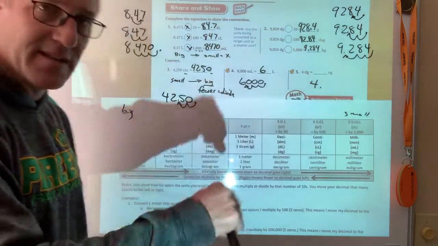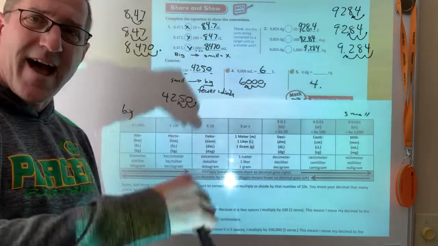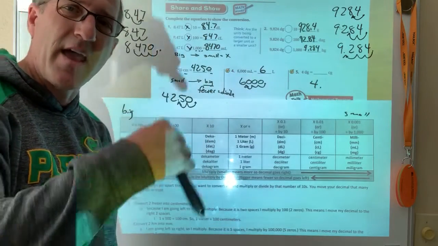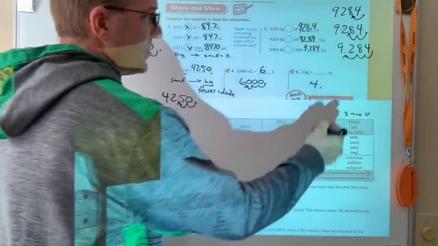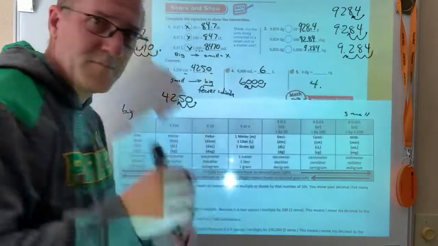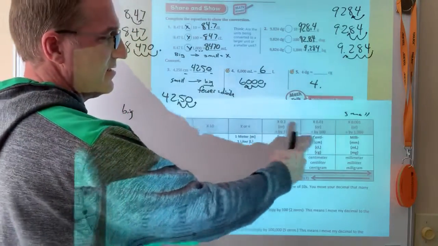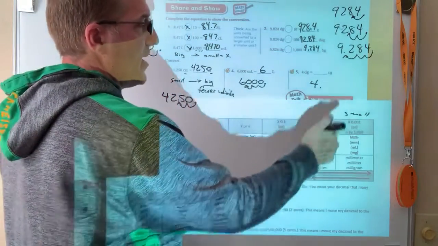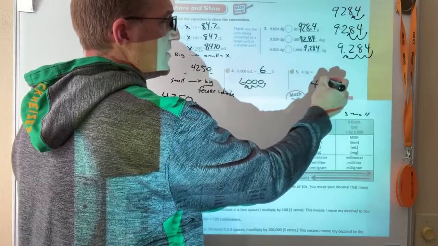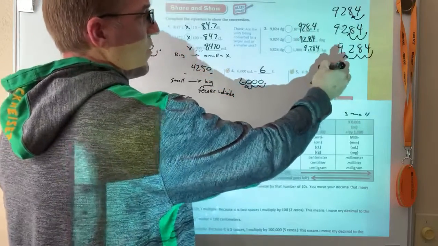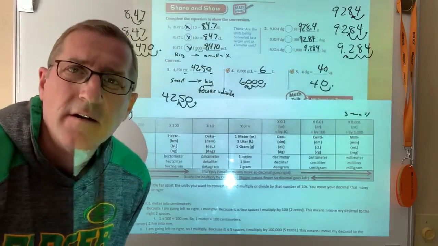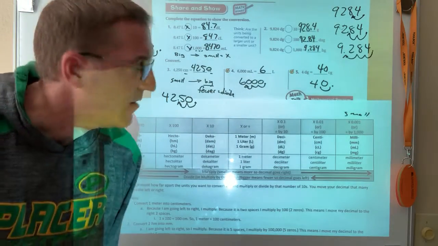Deci is bigger, centi is smaller. Since centi is smaller, I need more. If I need more, then I multiply. So I'm going to go to the right, and I'm just getting that in your head, okay? But the deal is, I look at this. It says deci, there's centi. I go, boop, 1 to the right, place my decimal, fill the trough, 40. Easy. Got this. All right, I'm going to do the bottom half.